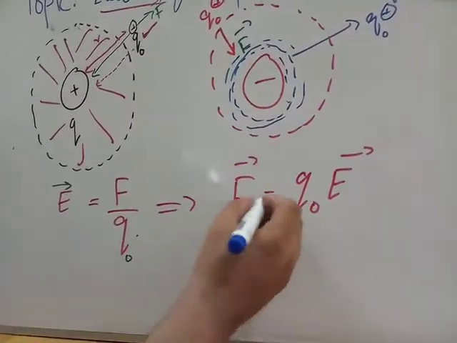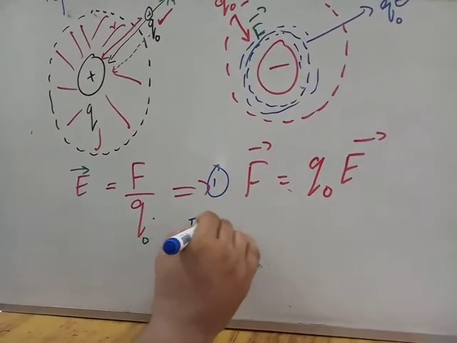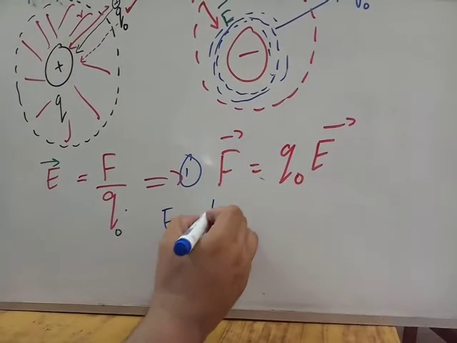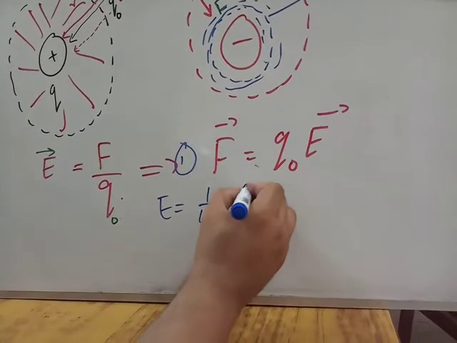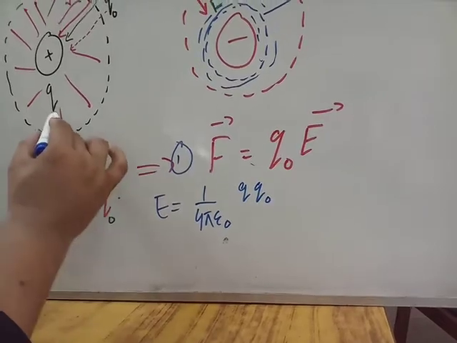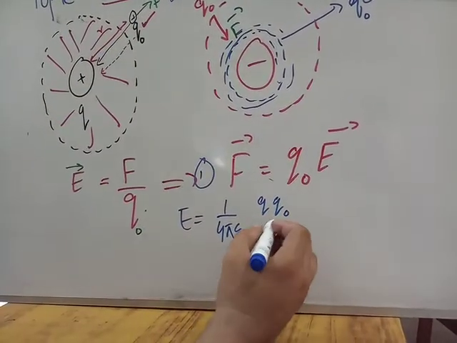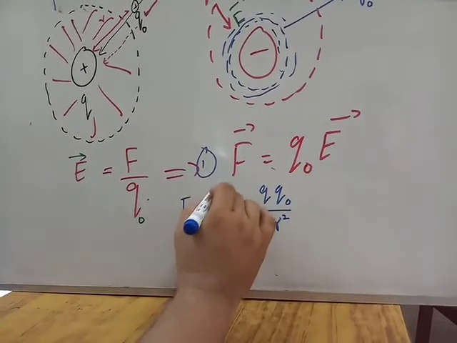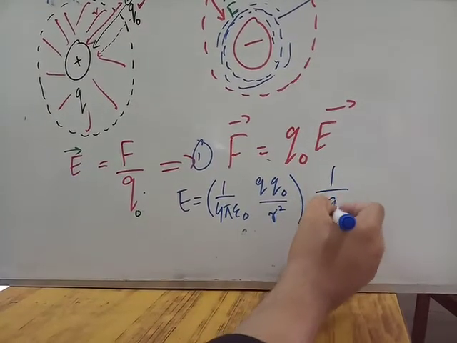So we can write this equation 1. This is the Coulombic force. We have two charges, Q and Q naught, so we can write Coulomb's law for these two charges, where the separation between them is R square. F is 1 over 4 pi epsilon naught Q Q naught over R square.